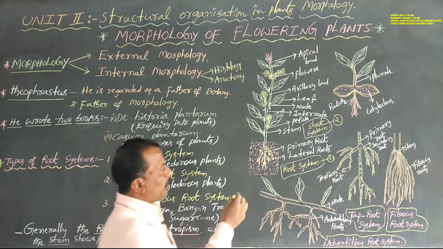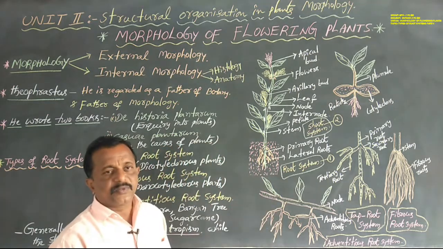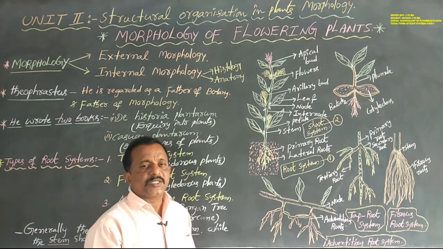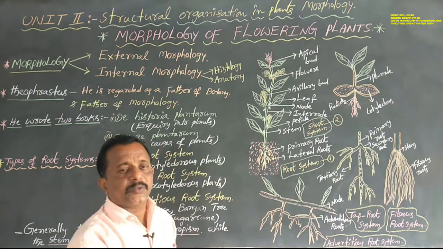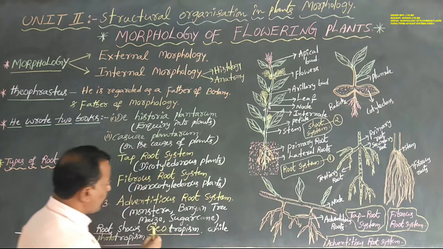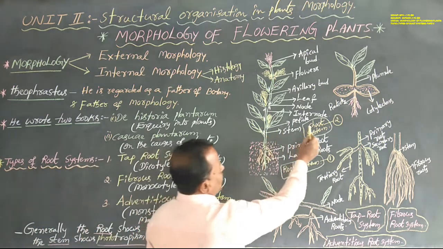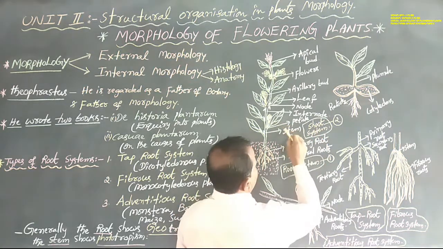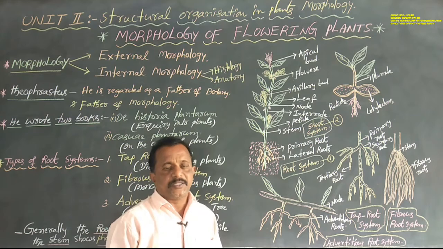Geotropism means the root's growth always depends upon the gravity force, not upon the sunlight. That is called geotropism. Phototropism means the shoot system or stem always depends directly upon the sunlight.